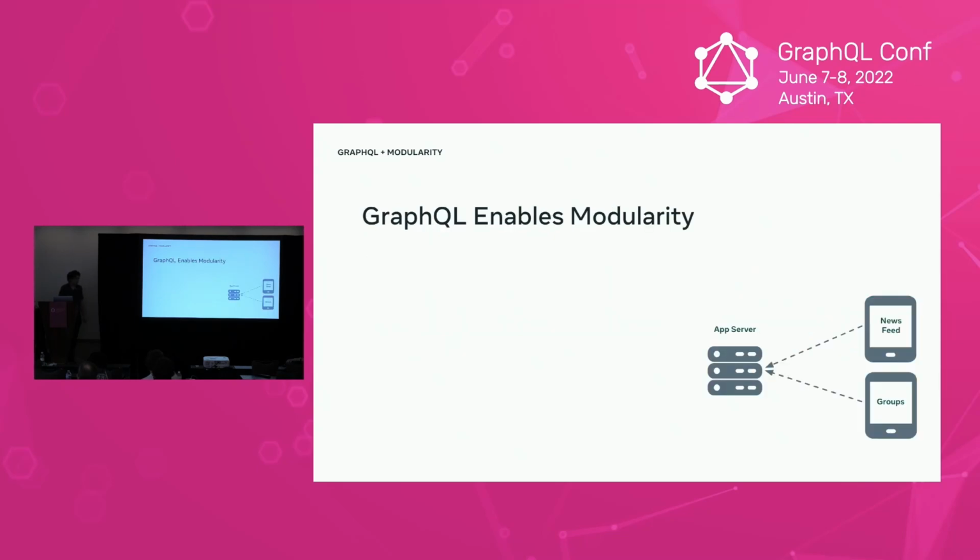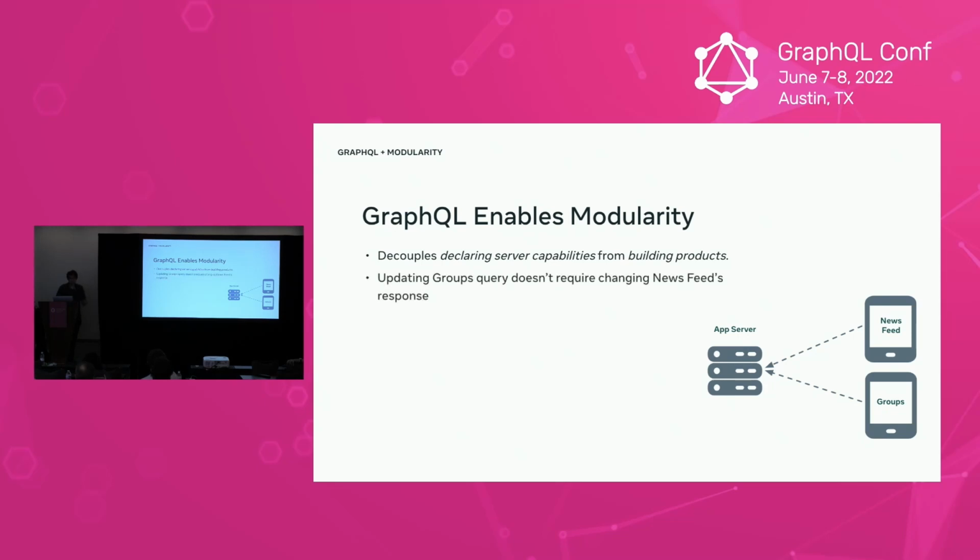As I said earlier, GraphQL was built to enable modularity, to disentangle the problems of the server from the problems of the client. You should be able to have your server expose what its capabilities are and build products based off those capabilities without having to go to a server engineer every time and ask them, hey, I'm trying to make this change, it doesn't quite work, can you fix your system for me?